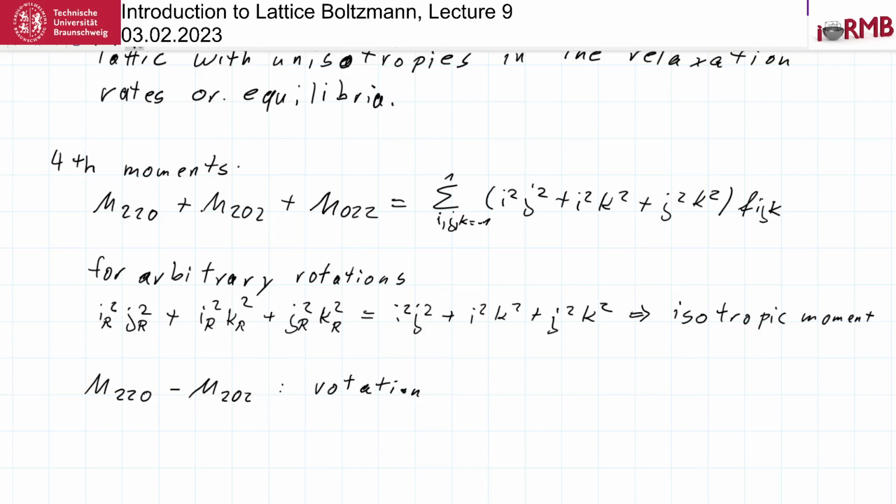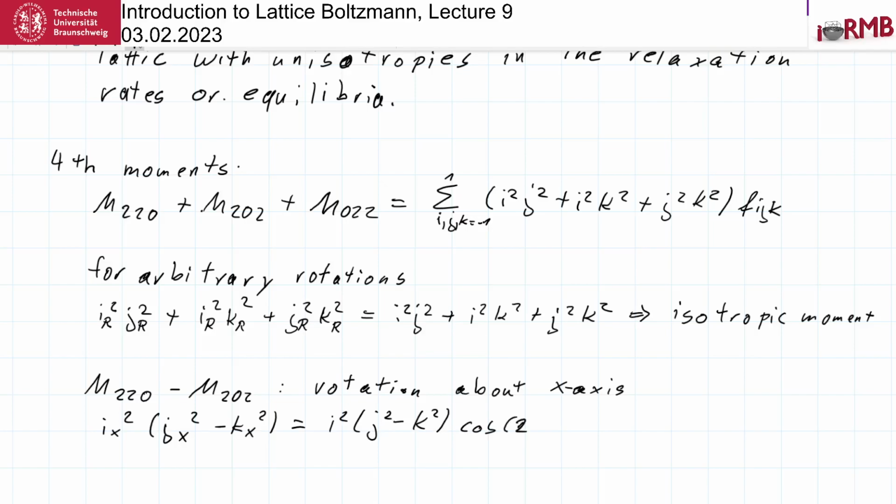The x rotation about the x-axis, and we get I_x square J_x square minus K_x square is equal to I square J square minus K square times cosine 2 alpha.